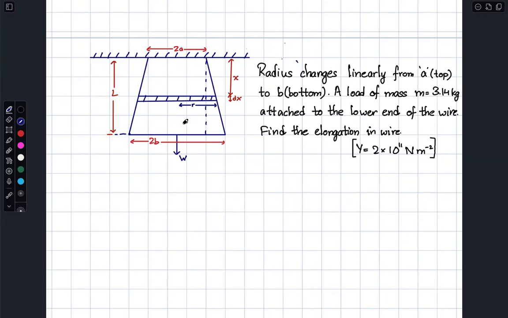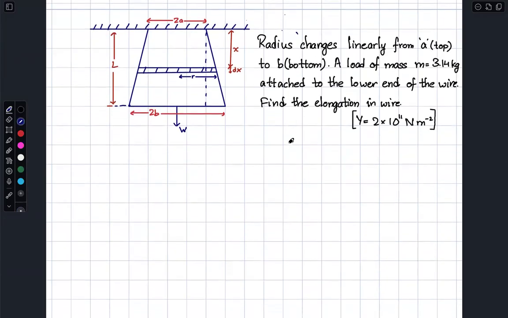You can neglect the mass of the wire, but the radius is changing linearly. You said that the radius changes from A to B. Remember how to write the function. It starts with A, B. The length at any instant is given as x.